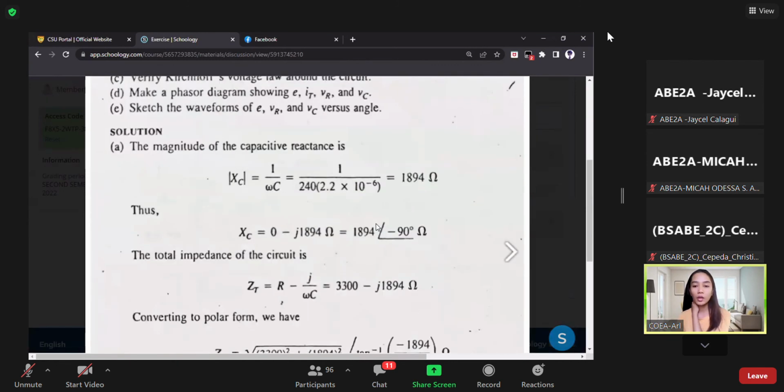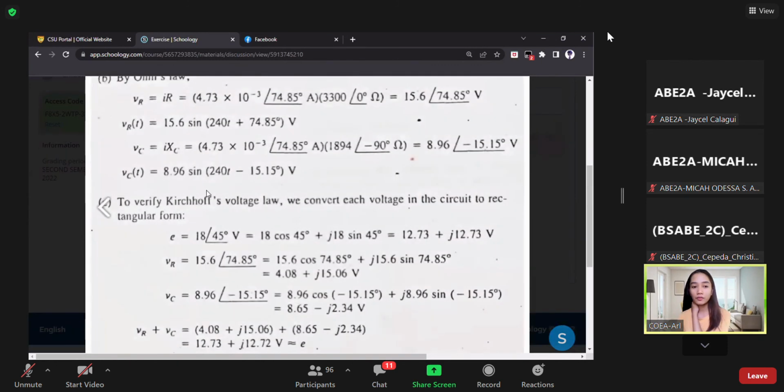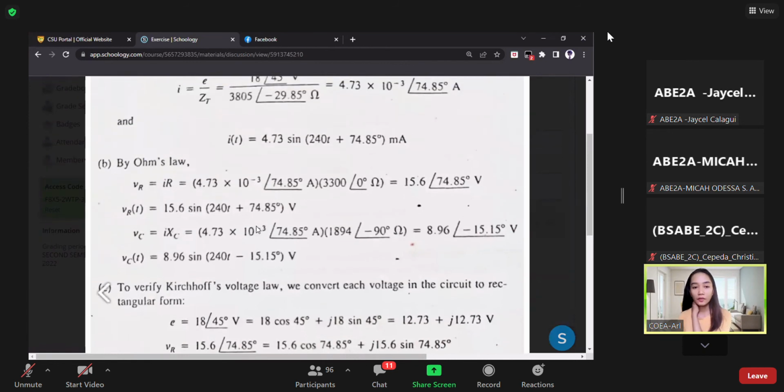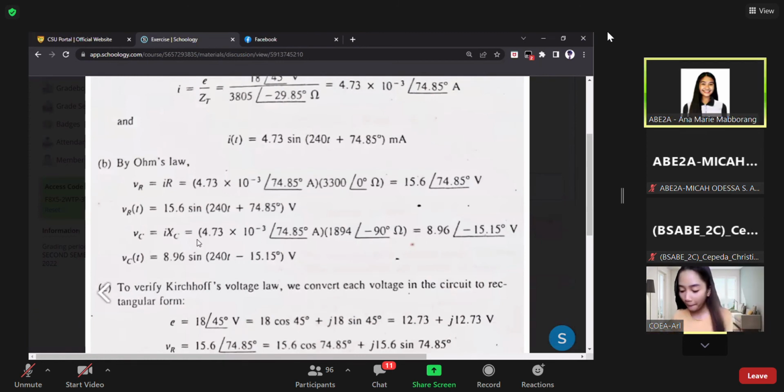So if you want to verify Kirchhoff's, the target here is to equate the value of the source and the value of the loads. You can solve that if it is equal. Syempre, nasatisfy natin yung law ni Kirchhoff, which is conservation of energy.